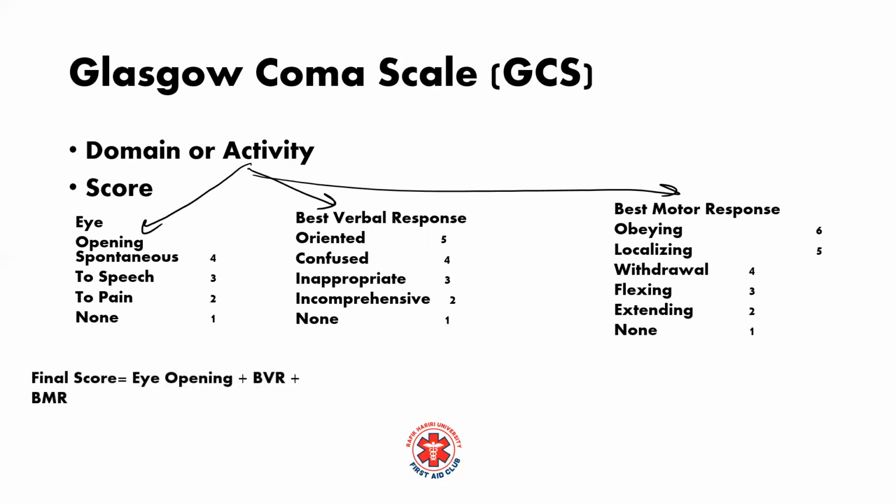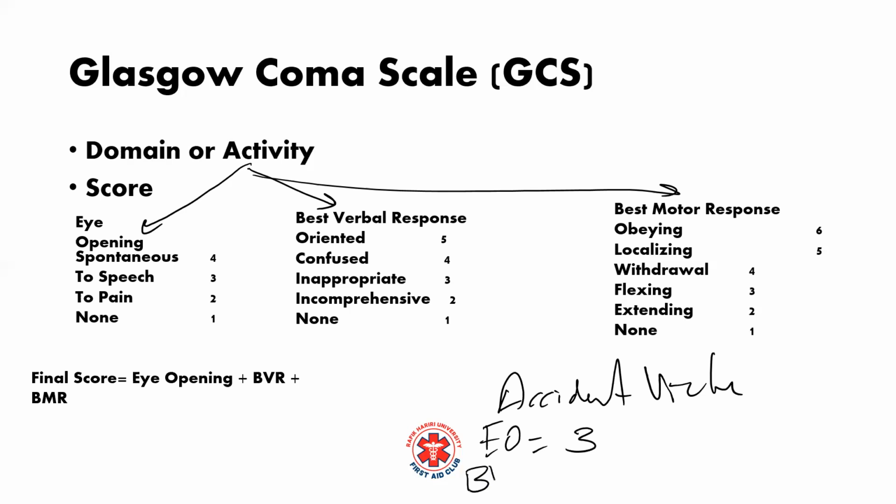So the final score is eye opening plus the BVR, which is the best verbal response, plus the best motor response. If I have someone who was a victim of an accident, their eye opening equals 3, their BVR is equal to 2, and their best motor response is, say, equal to 4.